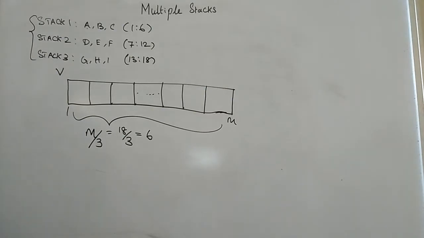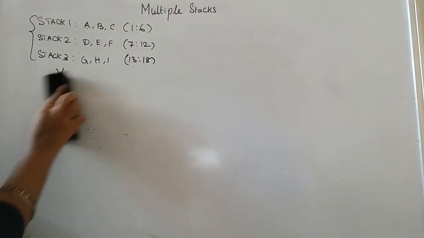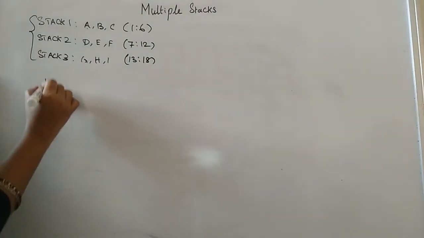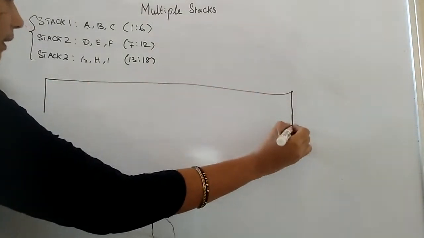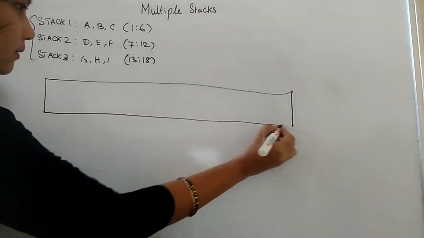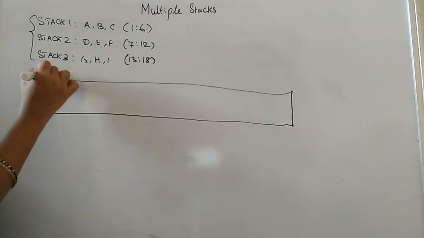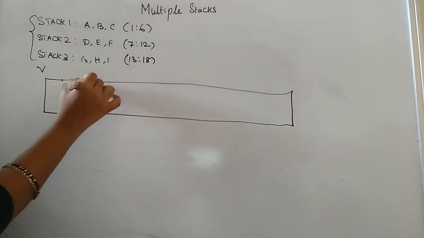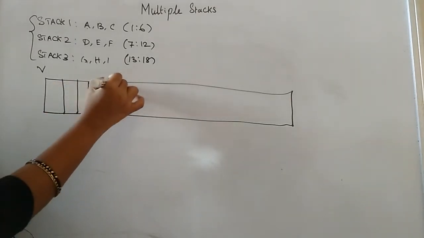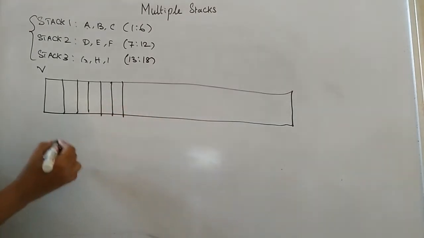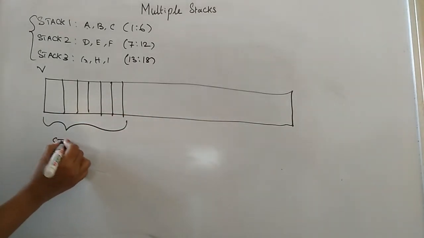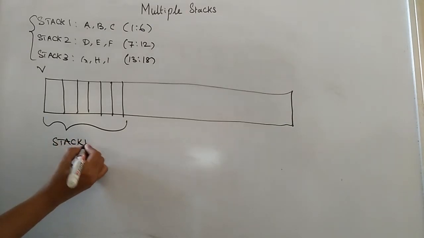Just for example, we can draw the array here. You may name it as V. 1, 2, 3, 4, 5, 6. The 6 cells will be assigned for stack 1.